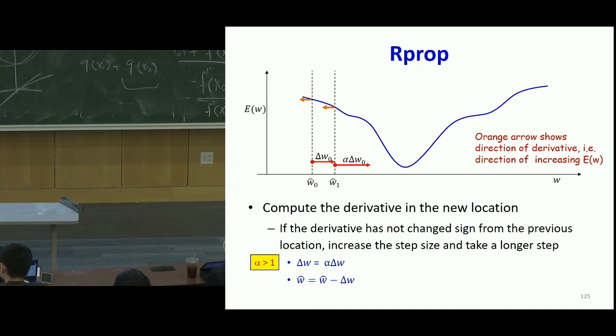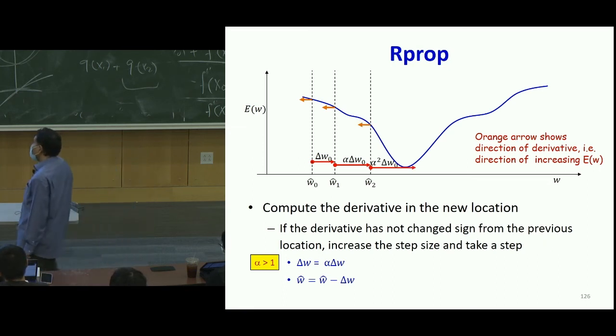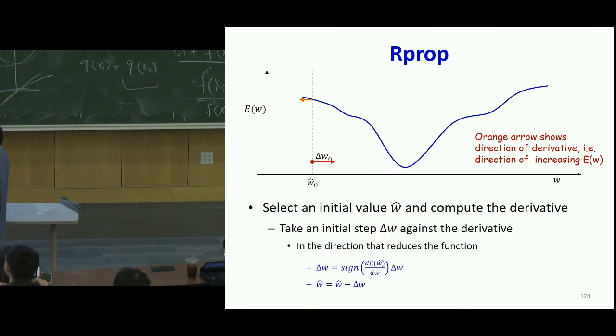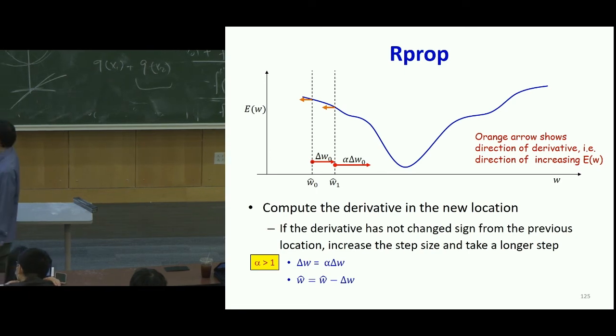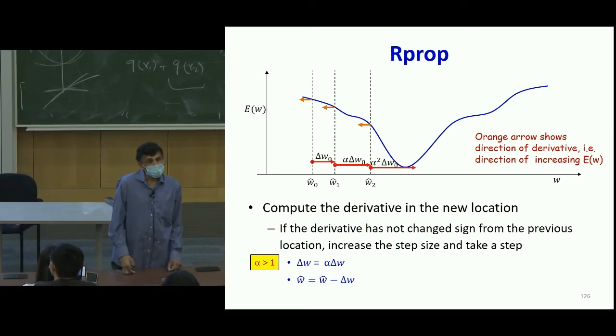Given this, would you want to increase your step size or decrease your step size? If you're doing the right thing, you want to do more of the right thing, right? You're going to take a larger step size. And then when you take a larger step size, you might find that over here, you end up at some other spot, and then you find that the derivative still has the same sign.